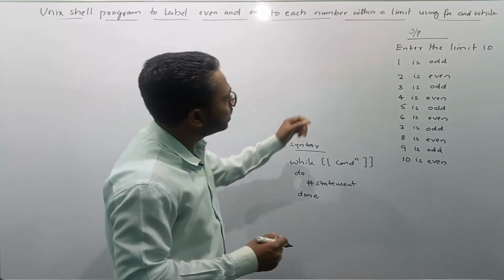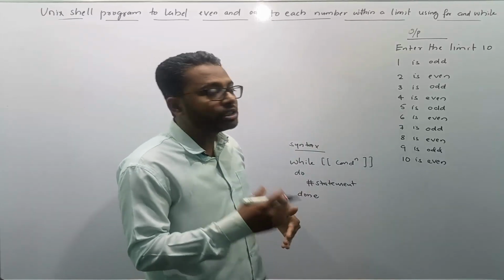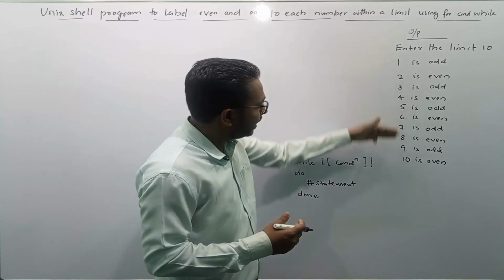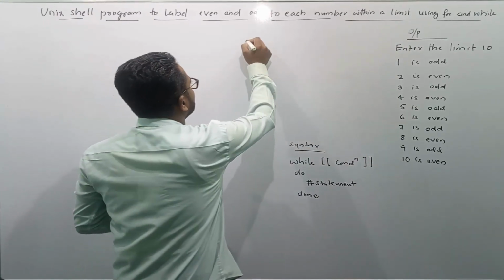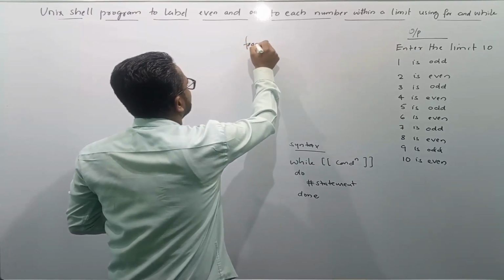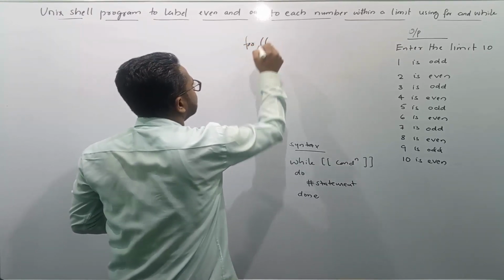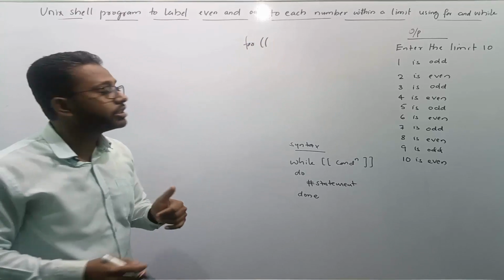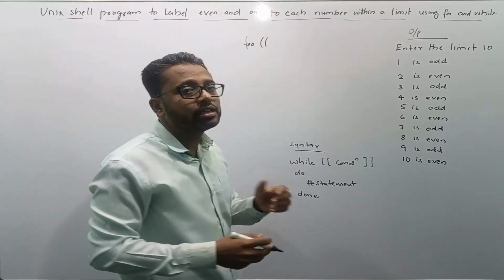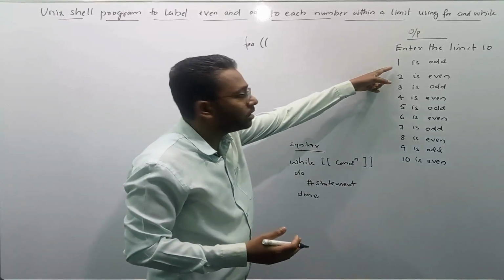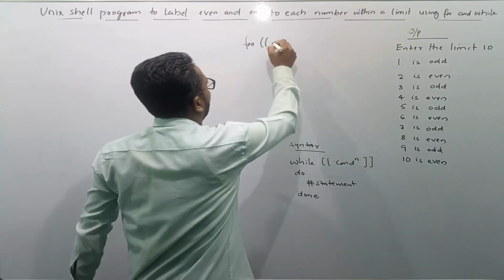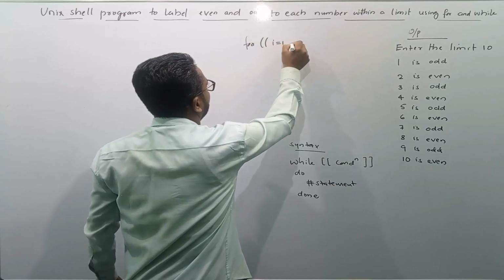As you can see here, my output needs to start from 1 and end at 10. That means whenever I use a for, according to the for syntax, the first part is the initialization part, which is where we start the loop. We are starting the loop from 1, so I is equal to 1.